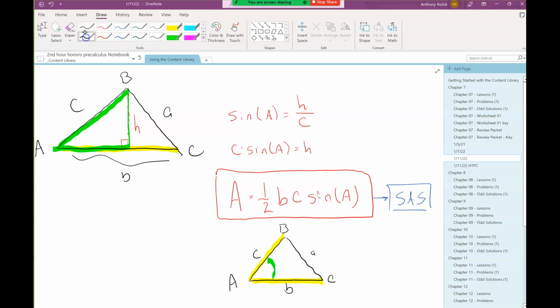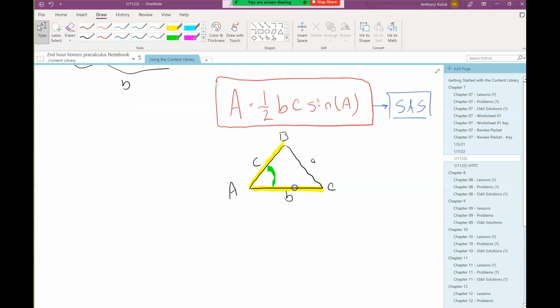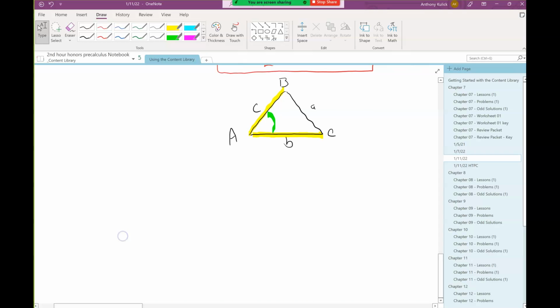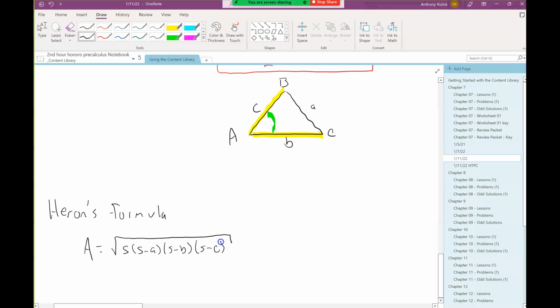There's another formula. This is called Heron's formula. And Heron's formula says that the area is equal to the square root of S times S minus A times S minus B times S minus C, where S is A plus B plus C divided by 2.